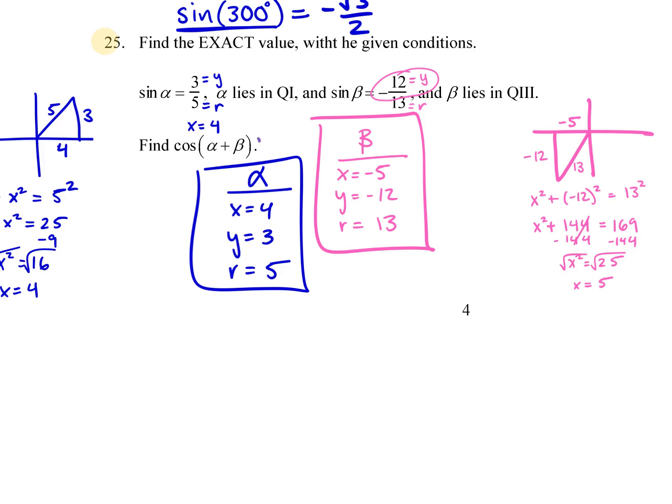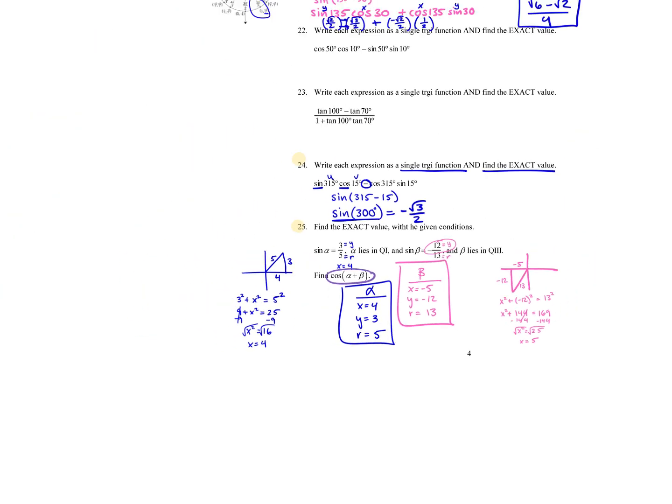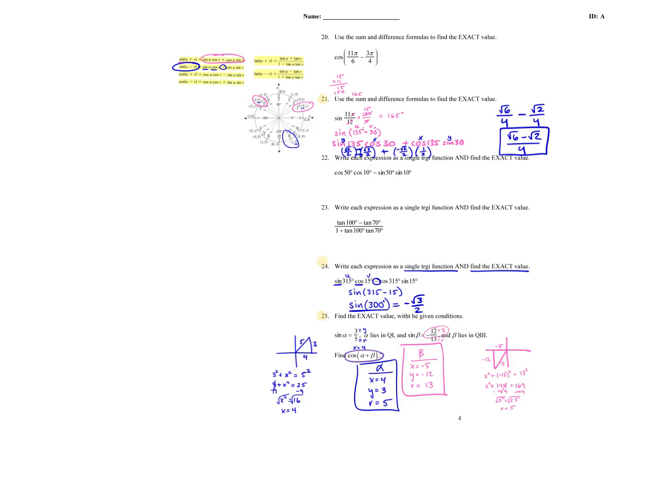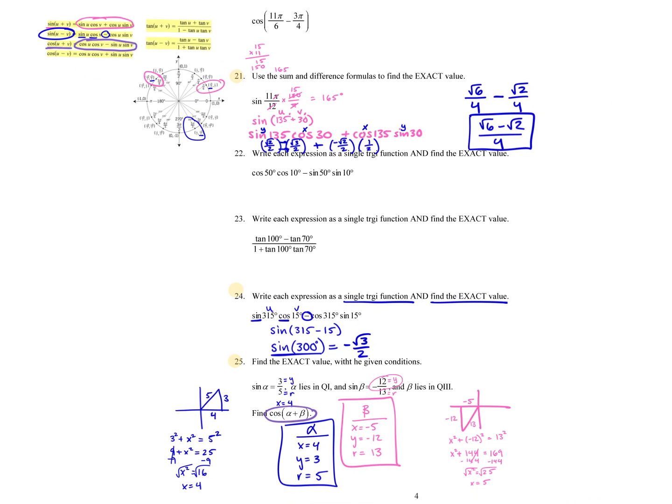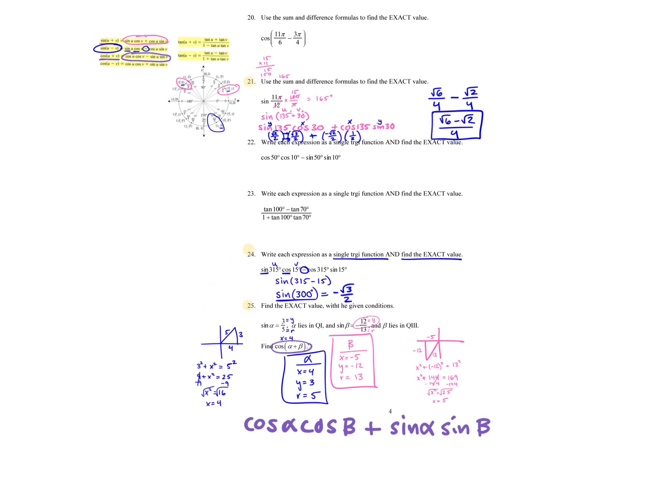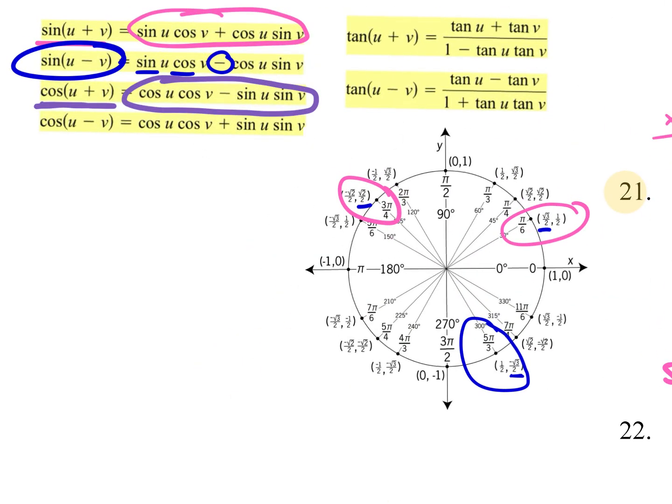So we have cosine of alpha plus beta, or A plus B. We need our cosine formula here. So cosine of u plus v is going to be this one here. So we're going to say cosine of A times cosine of B plus sine of A times sine of B. Now again, it uses A and B here, even though the formula uses u and v.